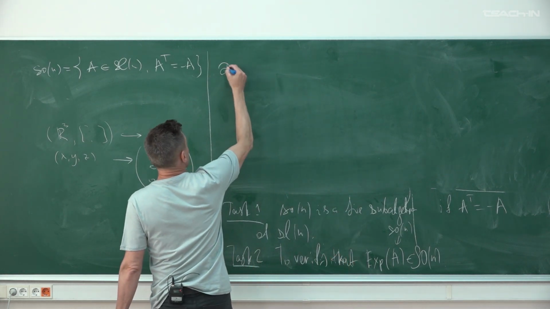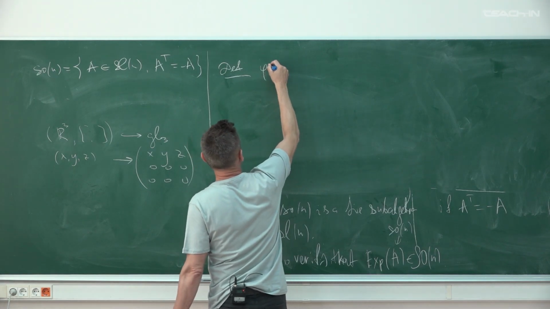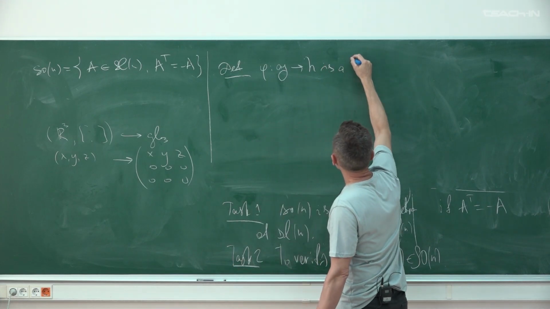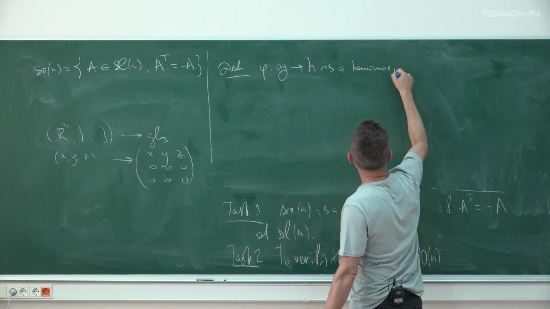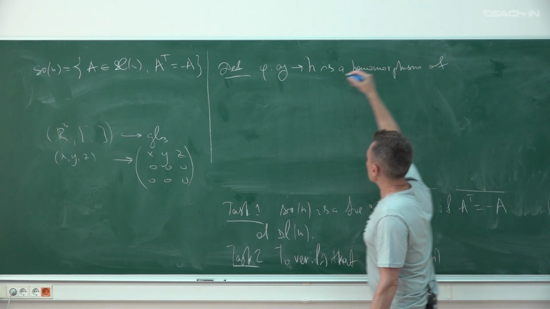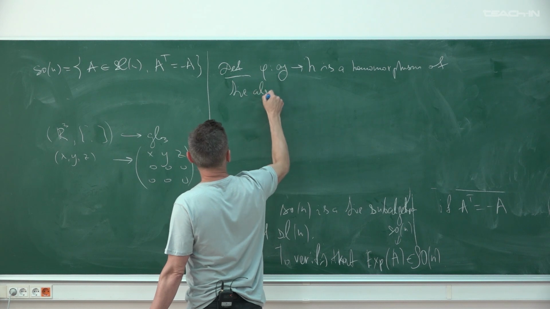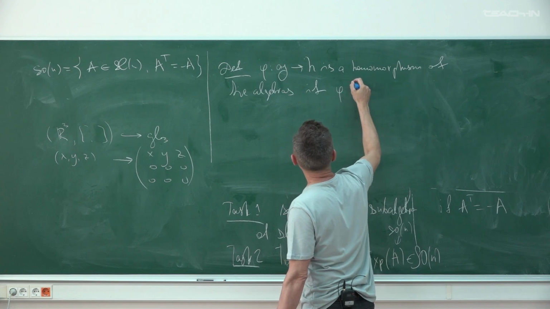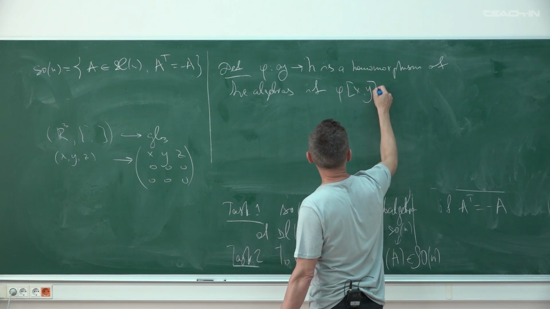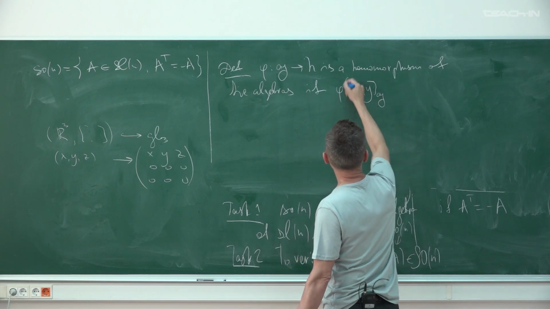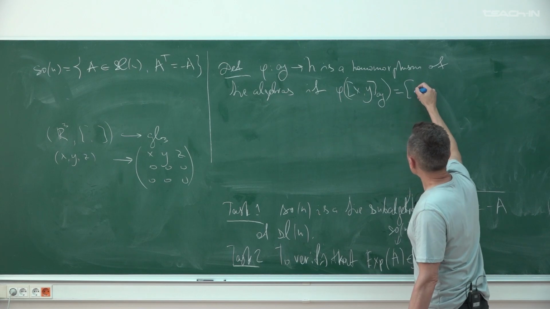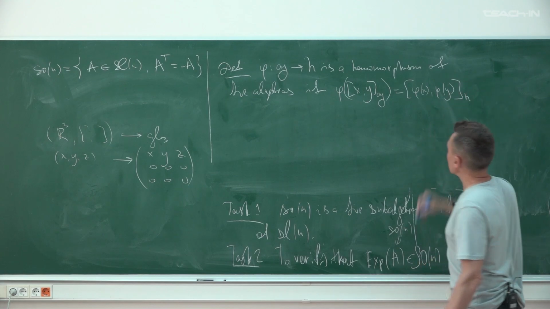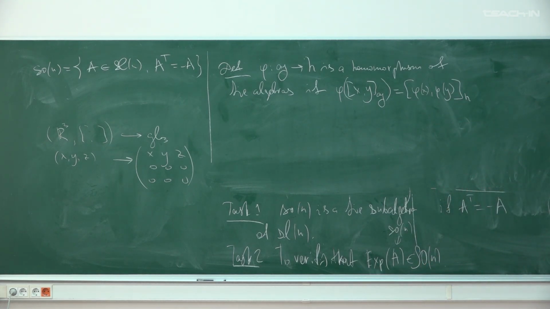So formally speaking, we have defined a homomorphism phi from G to H, a homomorphism of Lie algebras, if phi of the commutator of x and y in G equals the commutator of phi of x and phi of y in H. Okay.